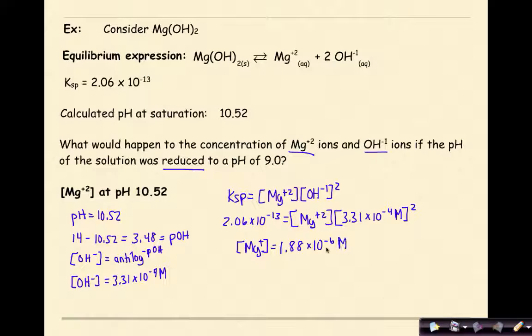6 molar. So in other words, the magnesium hydroxide here is going to dissolve in the solution until the magnesium ion concentration, there's a 2 right there, equals 1.88 times 10 to the negative 6 molar, and then we consider it at equilibrium at the pH of 10.52. So now the question is, well, what happens if you lower the pH to, let's say, a pH of 9?